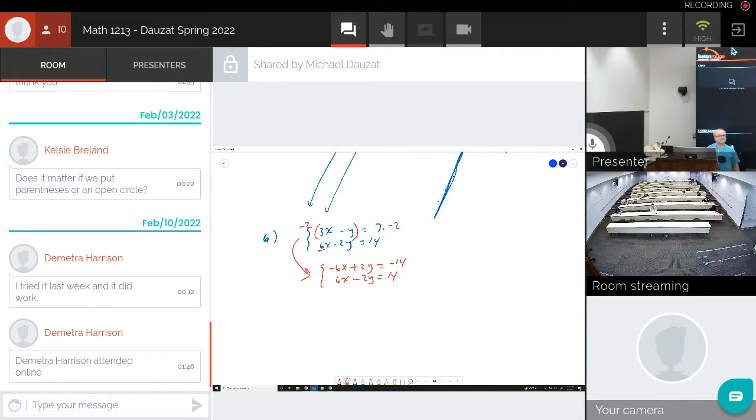Now can I add them? Yes. But notice when you add them, the x's cancel out, the y's cancel out, 0 plus 0 is still 0 equal, what's negative 14 and 14? 0. So this time, what do you notice about that statement 0 equals 0? That's a true statement.